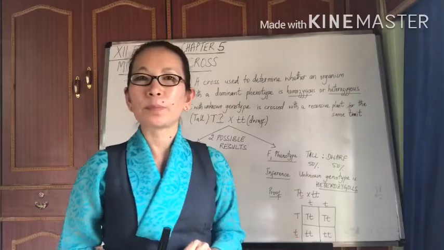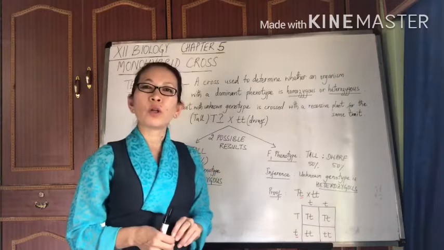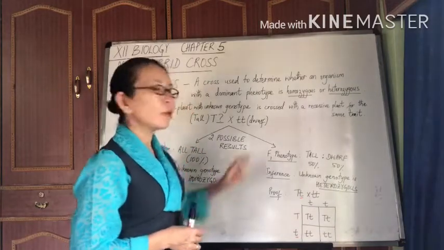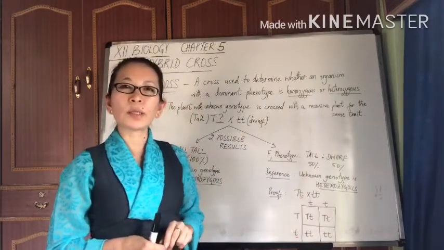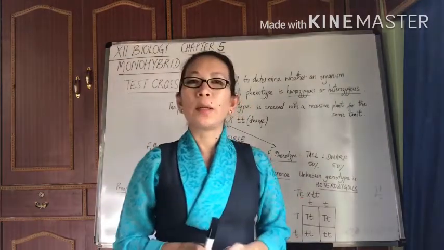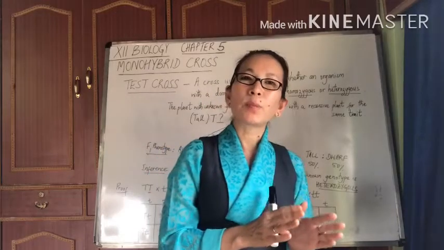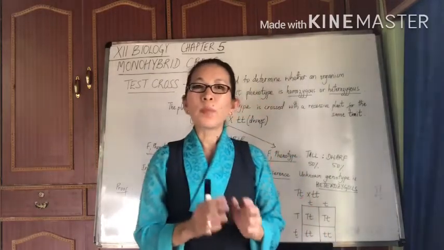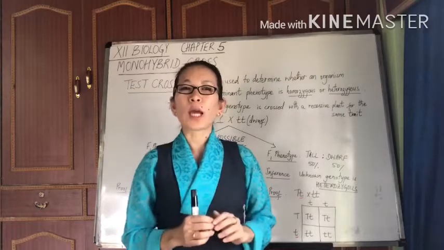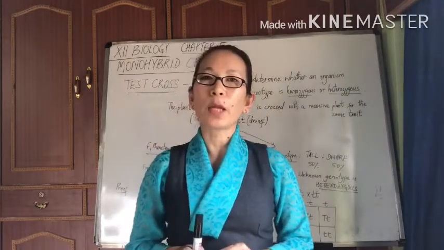Now the second possibility that we can derive from such a test cross is that out of the total F1 progeny, 50% might express the dominant or tall phenotype, and 50% might express the dwarf phenotype.